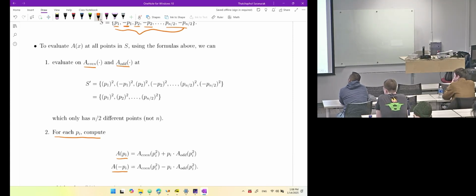So by choosing them to be negation pairs, I can compute these two numbers by reusing information. There is an efficiency of information here.